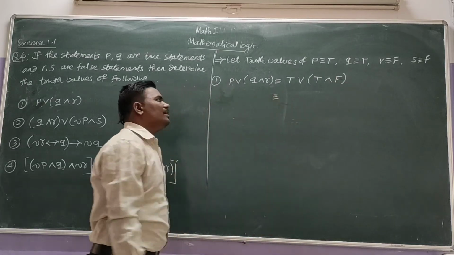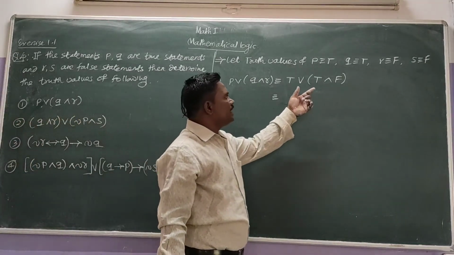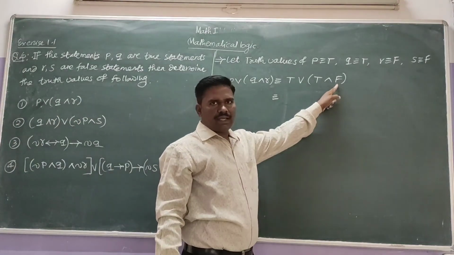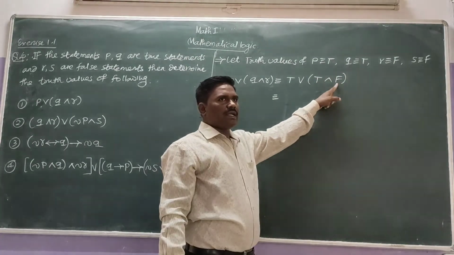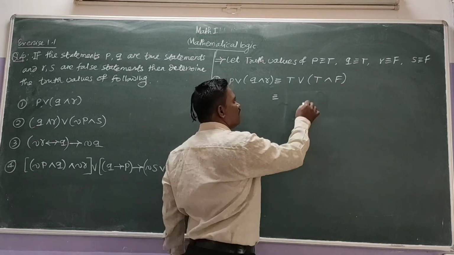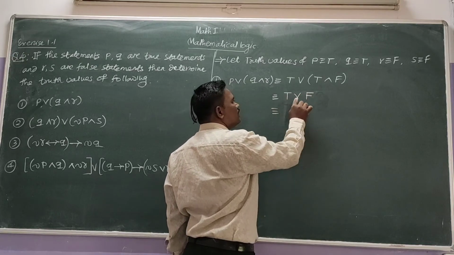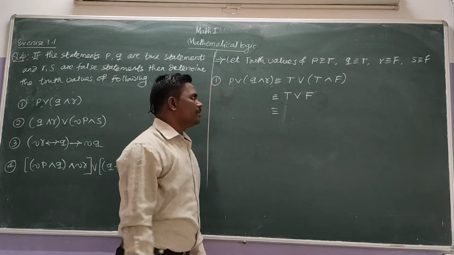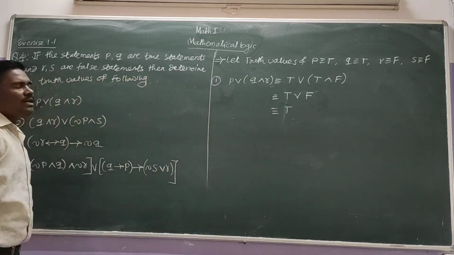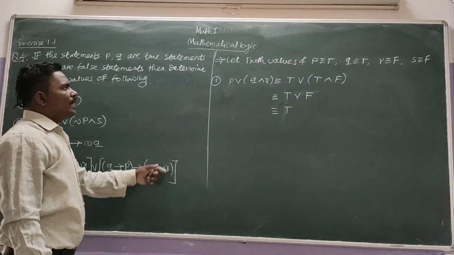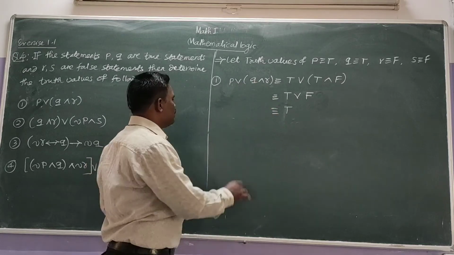Firstly solve the bracket: true conjunction false. From the truth table of the conjunction, if the first statement is true and the second is false, then the conjunction is false. Then true disjunction false is true, using the truth table of the disjunction. Therefore, the truth value of P disjunction in bracket Q conjunction R is true.